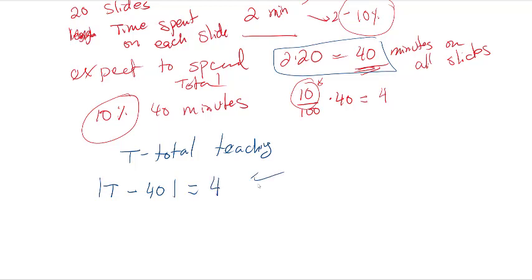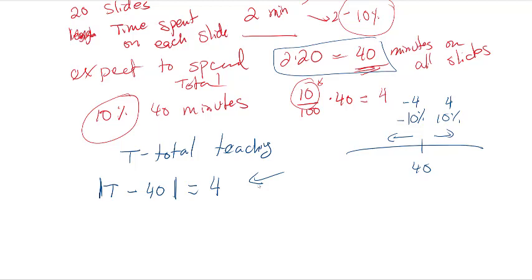So we are going up or down 10% in our teaching time, and we use the absolute value around t minus 40 to say we can go in either direction. So again, it's because we have 40 here. We can go up 10% or down 10%, right? And we found that the up and down are plus or minus 4 minutes. Okay, that's all in minutes.